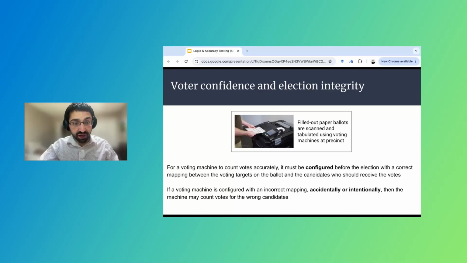If a voting machine is configured with an incorrect mapping, accidentally or intentionally, then the machine may count votes for the wrong candidates. And voting machine misconfiguration has been at the source of much of voter distrust and issues with elections in the US.